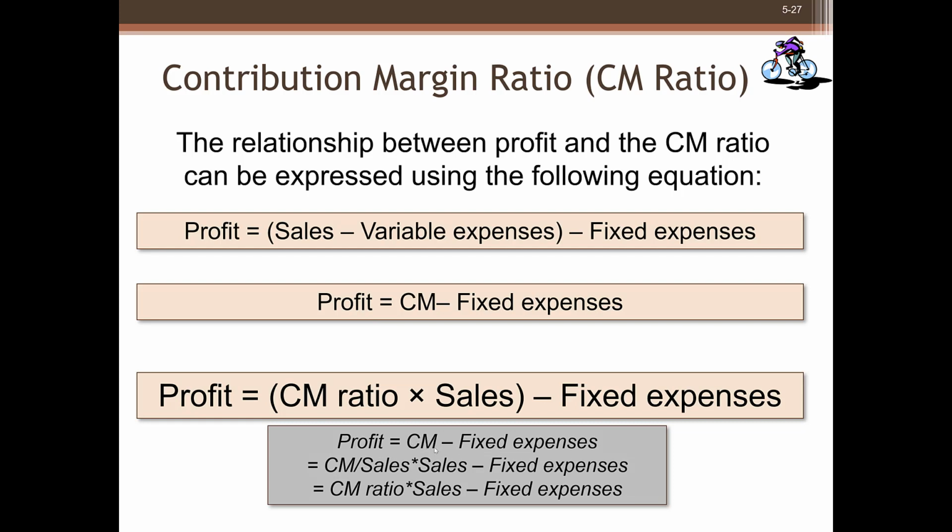For the CM here, we can rewrite it as CM divided by sales multiplied by sales. Those two cancel out, so we just rewrite the format. Contribution margin, CM, divided by sales is the contribution margin ratio. That's how we get equation 3 from equation 2.